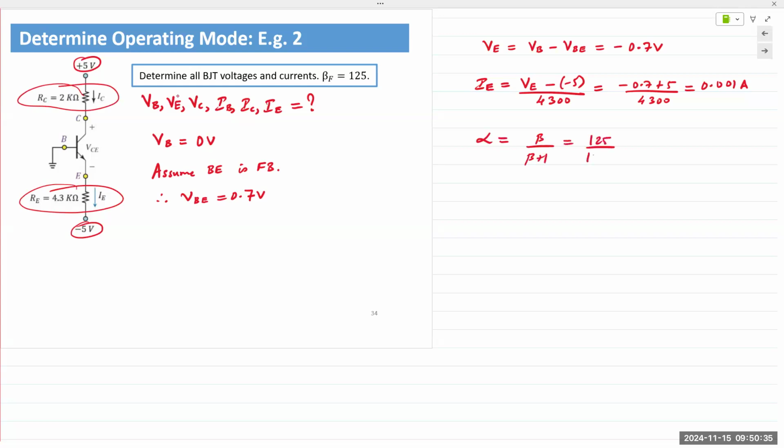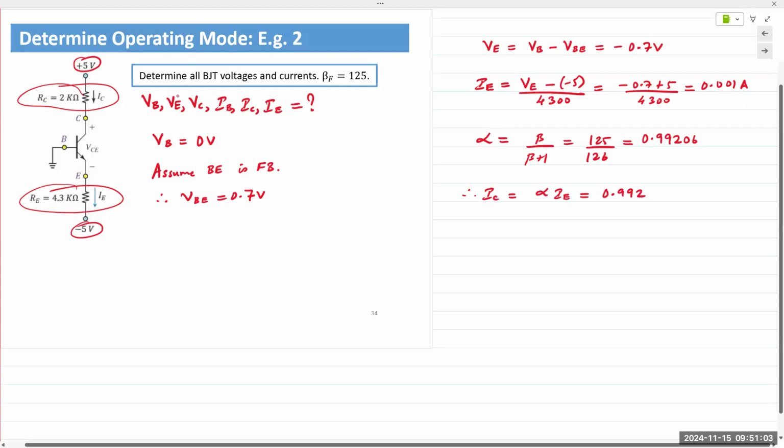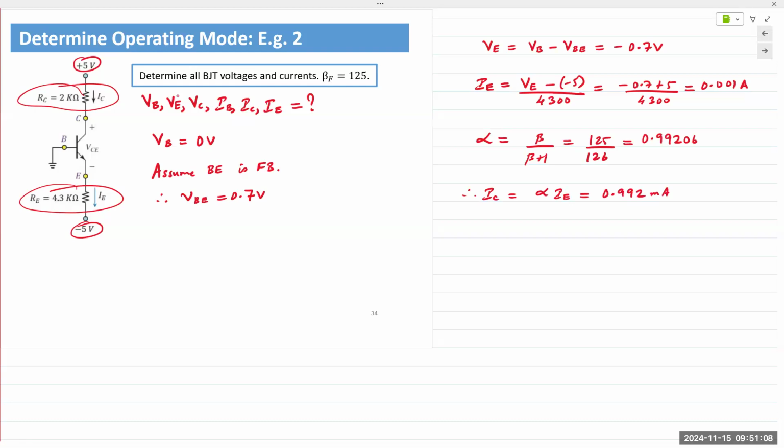So 125 over 126 comes to 0.99206. So IC is 0.992 milliamps.